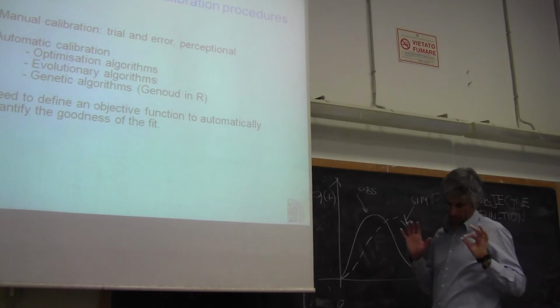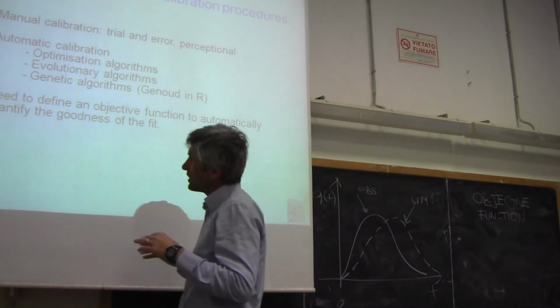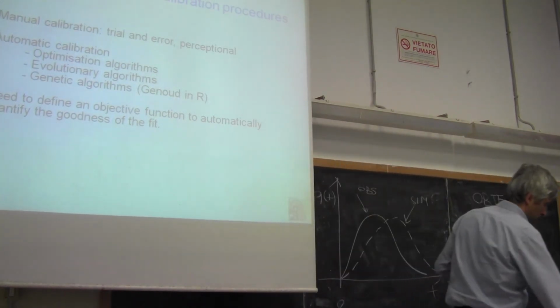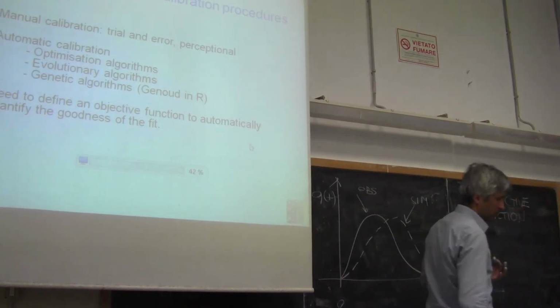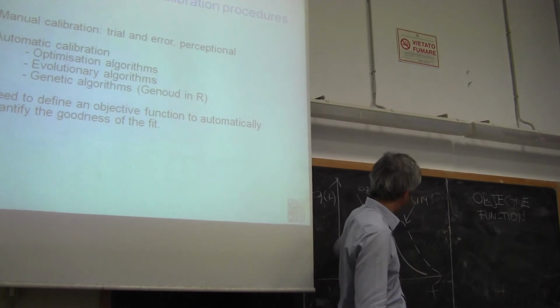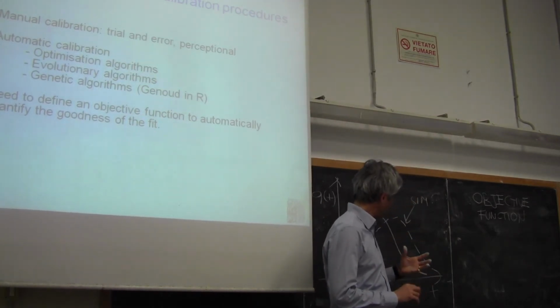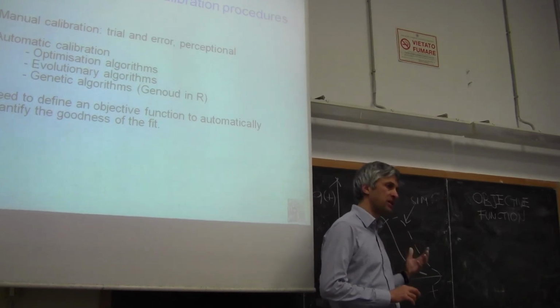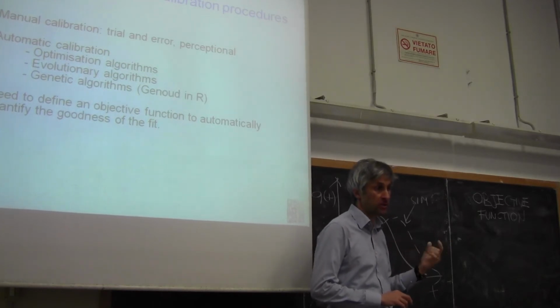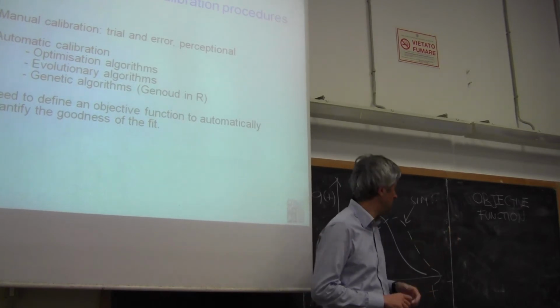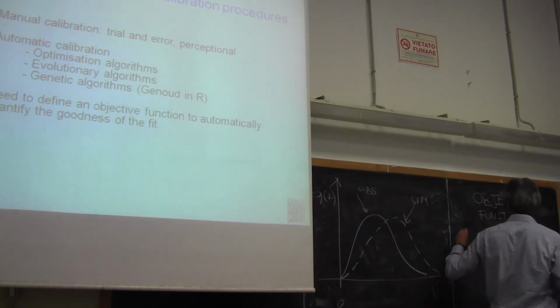And we can easily gain an intuition that the goodness of the fit is summarized by the simulation error, which we can define at each time step. So at each time step, we can define a quantity.